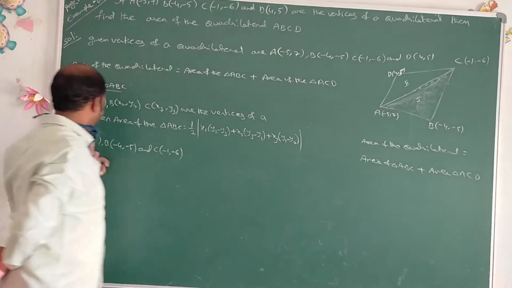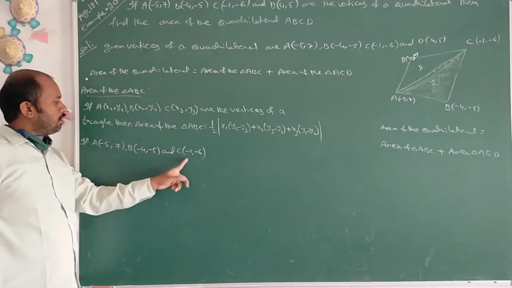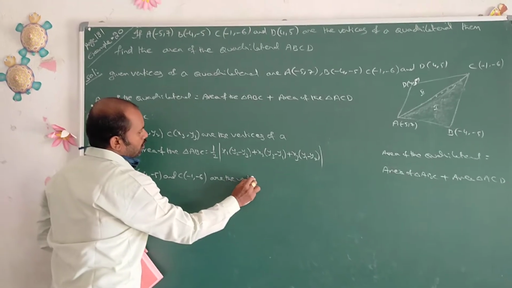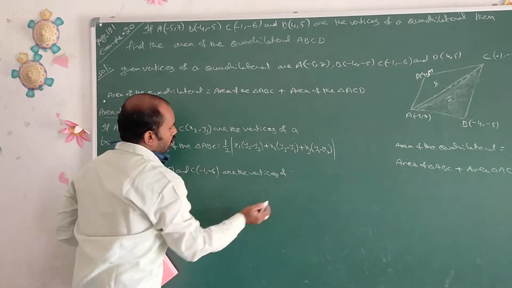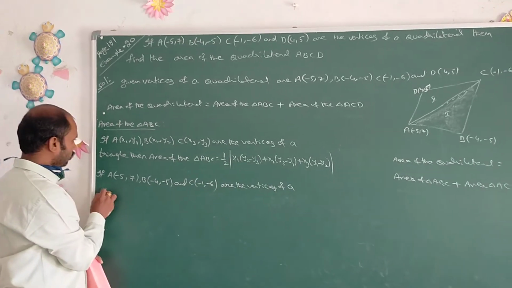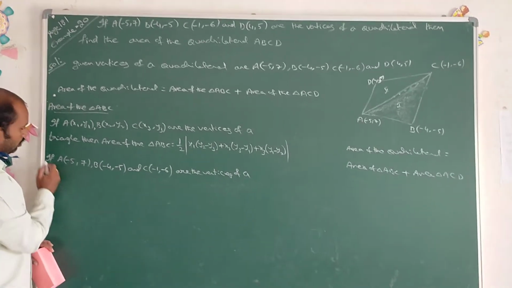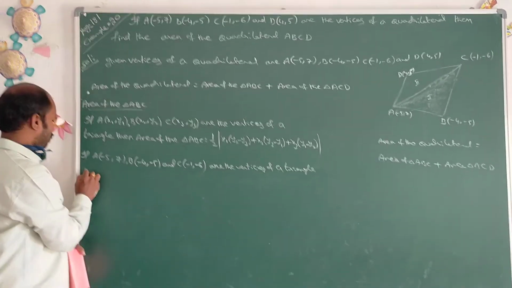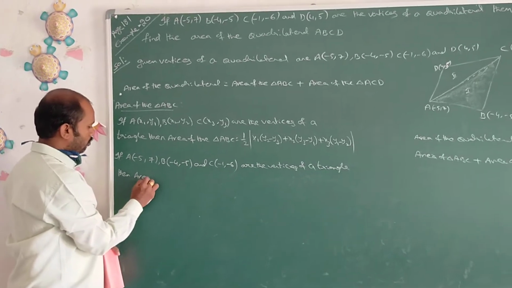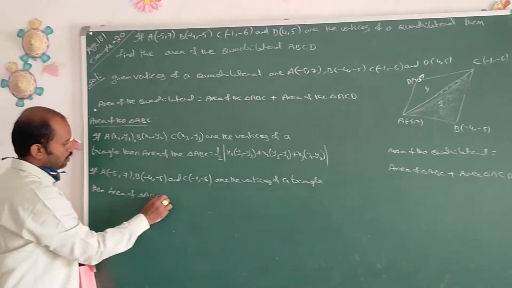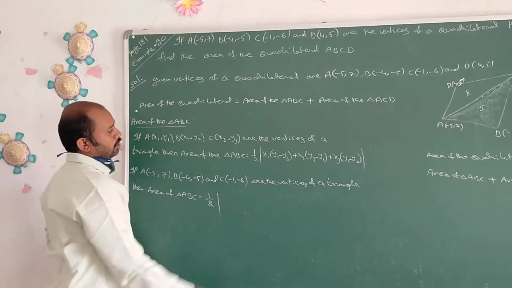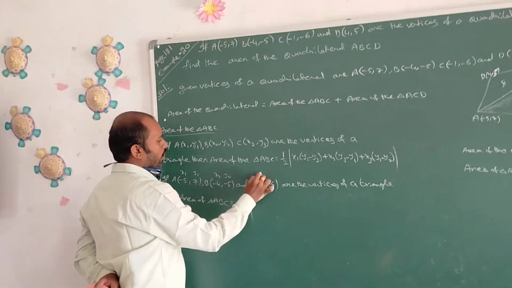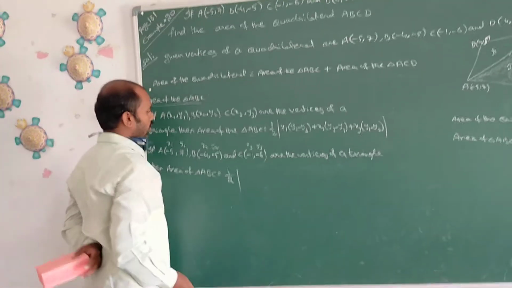So ABC are the vertices of a triangle, then area of triangle ABC equal to half modulus of, substitute now, first one x1 y1, second x2 y2, third vertex x3 y3.